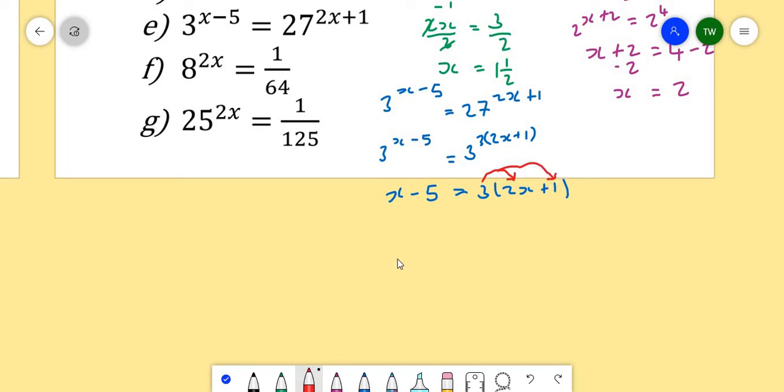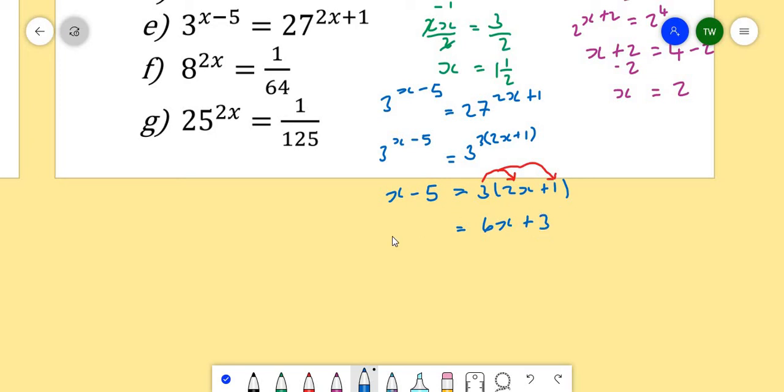Alright? So let's do that. So we keep our equal sign here. So 3 times 2x, that's going to give us 6x. And 3 times positive 1, that's going to give us positive 3. And that's how you would get rid of the bracket there.